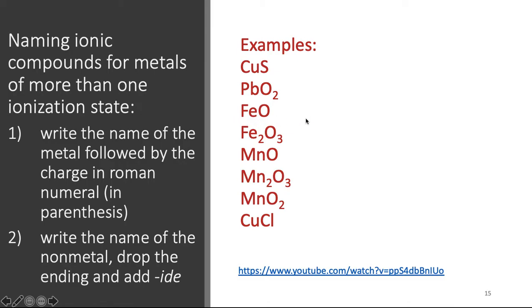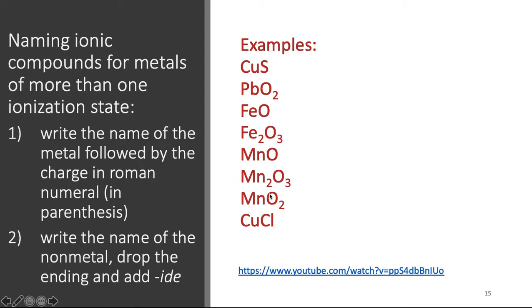I can't do iron oxide for both of these because they're 2 different compounds. So there's a difference between these two. And the difference is because the iron appears as 2 different ions in these 2 compounds. To tell the difference, I have to specify the charge of the iron in each of these compounds.